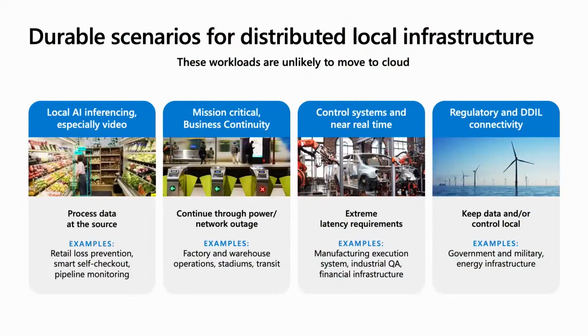We believe that there are many durable scenarios for distributed local infrastructure, whether it's retail, like loss prevention, whether it's mission critical business continuity, like factories, warehouses, stadiums, whether it's manufacturing, whether it's financial infrastructure, whether it's government, whether it's military, whether it's utilities. There's lots of reasons why folks say, look, I have stuff that's going to stay on premises for the foreseeable future. Sure, I'm moving stuff to the cloud, but there's always going to be some sort of durable footprint on-prem. Great. We've got a great solution, and that's Azure Local.